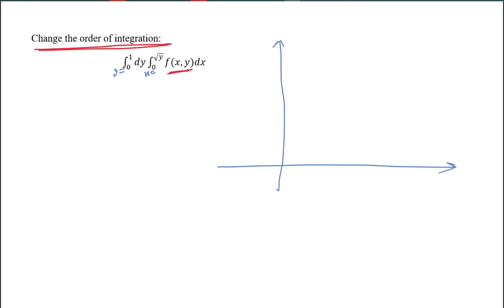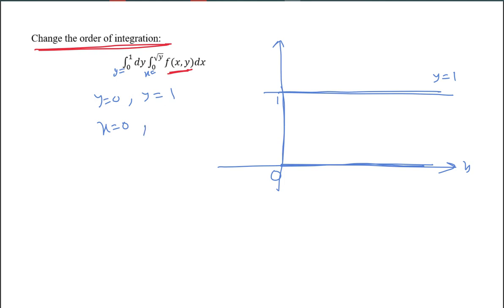What do you have? Y is equal to 0 means x-axis. Y is equal to 1 means parallel to x-axis. This is your y is equal to 1. So this is from y is equal to 0 to y is equal to 1. This will be 1, this will be 0. Then draw x equal to 0, which means the y-axis, to x is equal to root y.